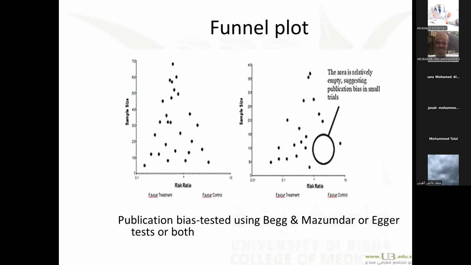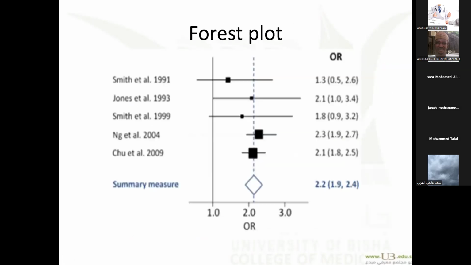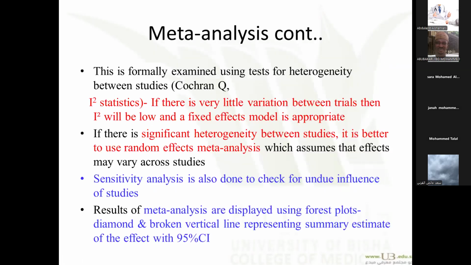So, in meta-analysis, we are pooling many studies together, trying to bring out one important effect estimate that will represent all the studies. Of course, when you are pooling many studies, the methodologies of those studies are different.